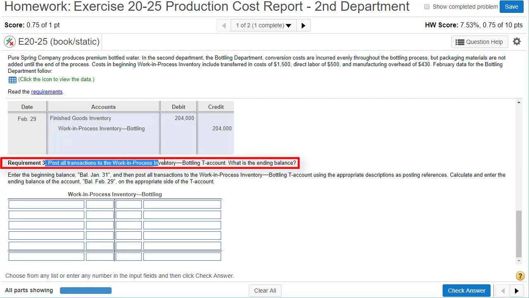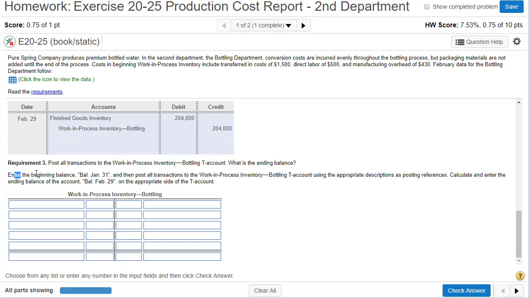Post all transactions to the work in process inventory account for the bottling department, and then calculate the ending balance. It says enter the beginning balance, January 31st, and then post all the transactions to the work in process inventory account. Using the appropriate descriptions as posting references, calculate and enter the ending balance, which is February 29th, on the appropriate side of the T account.